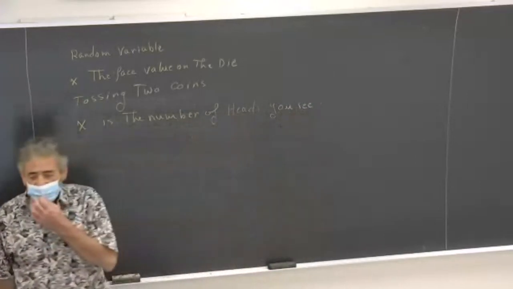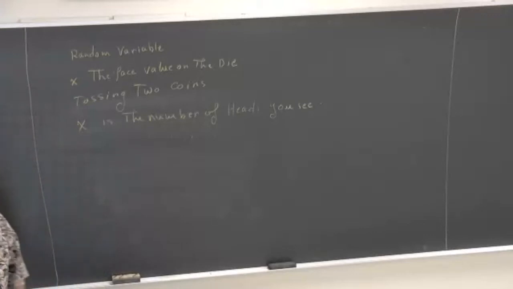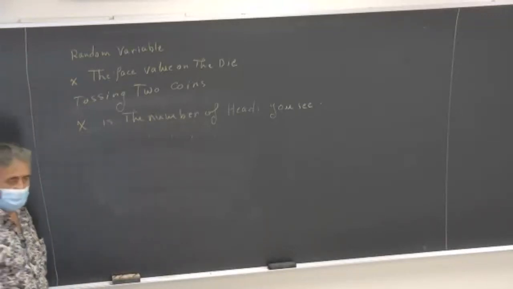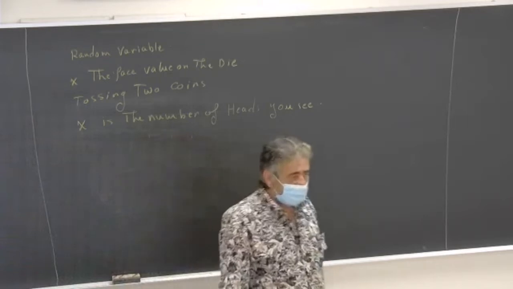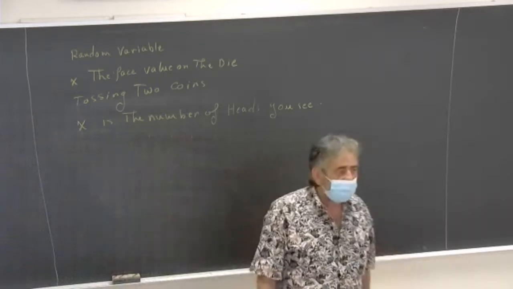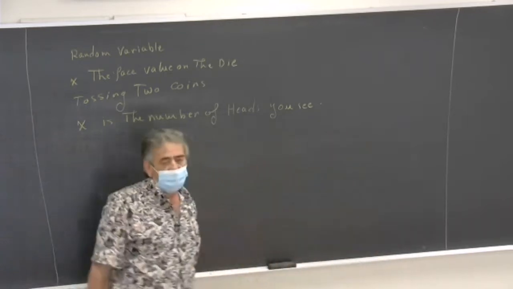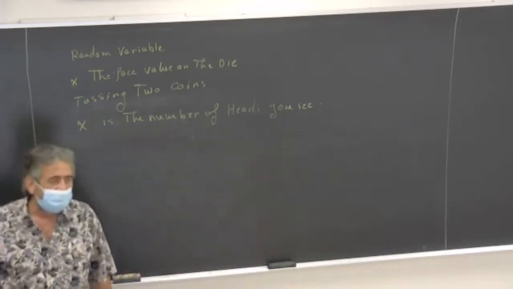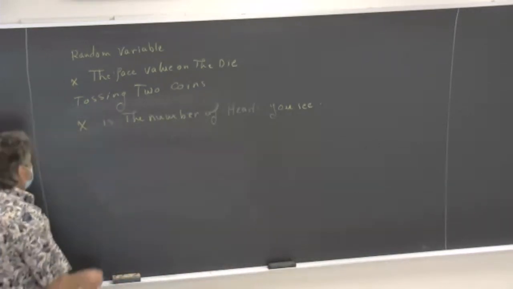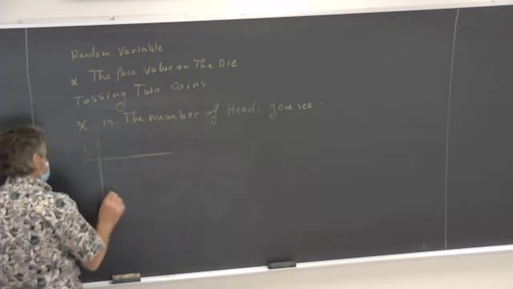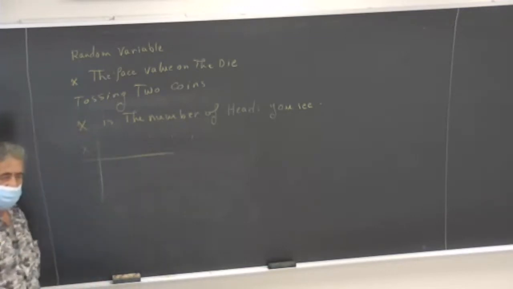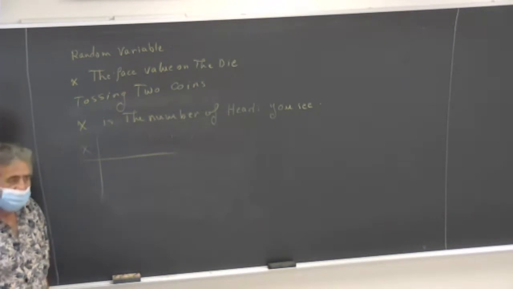When you toss 2 coins, we're going to consider a probability distribution for x being how many heads do I see when I toss 2 coins. Yes? Let's take a look at all the possibilities we have. When you toss 2 coins, how many heads could you see? What's the first option?